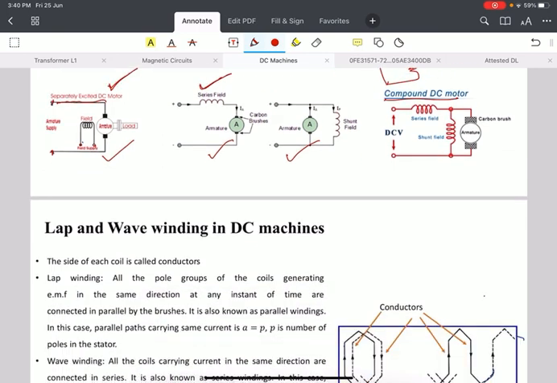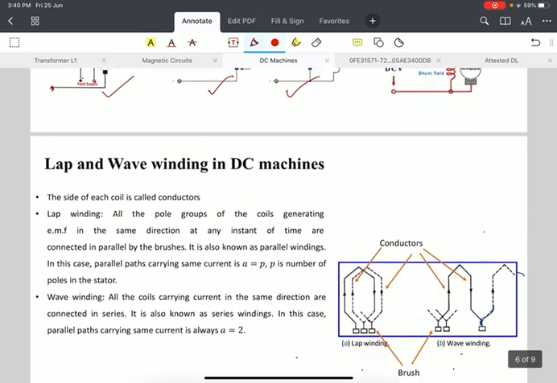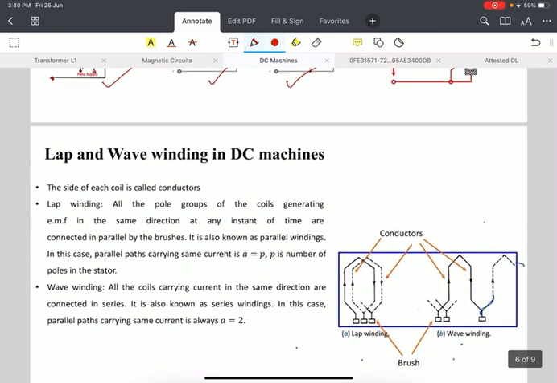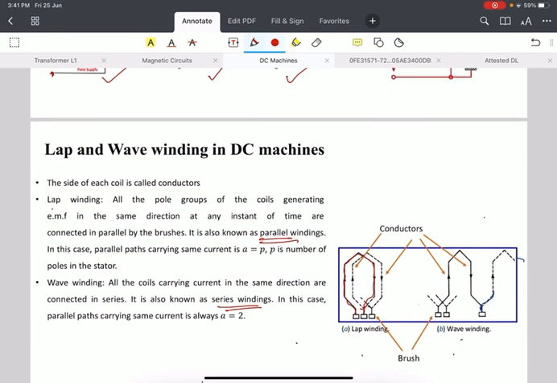As I told you, the armature conductors can be connected to the commutator in two ways, either in parallel or in series. If an armature conductor is connected in parallel, that means current will enter through one conductor and exit in the next commutator winding, then that type of winding is known as lap winding.